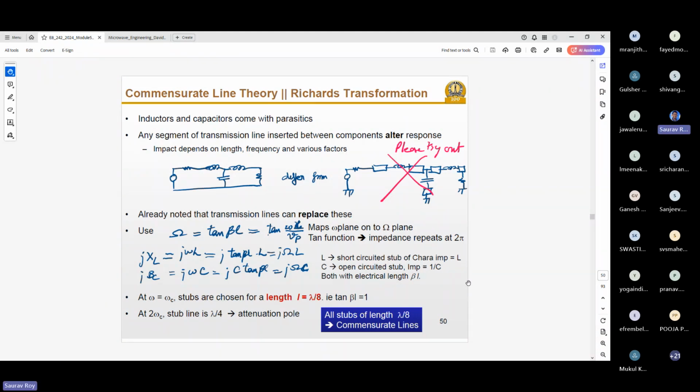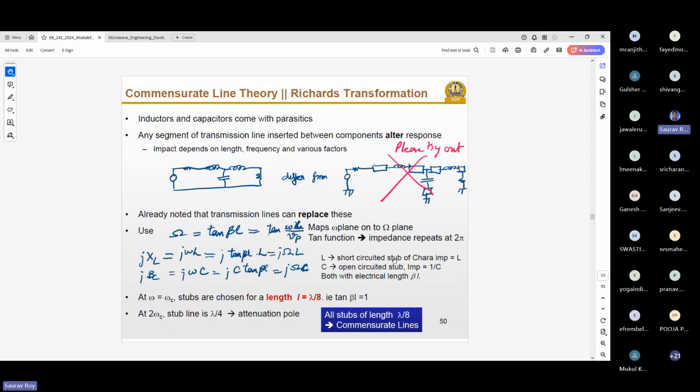Similarly, if you take an open circuit stub of length lambda by 8, which has a characteristic impedance of 1 by C, that will lead to an input impedance, or that will be an equivalent capacitor. So there are two things.